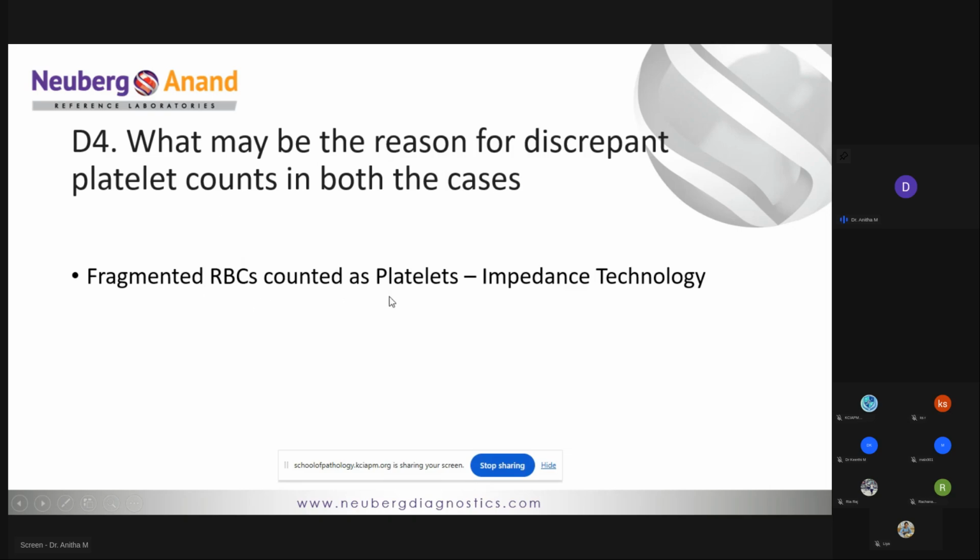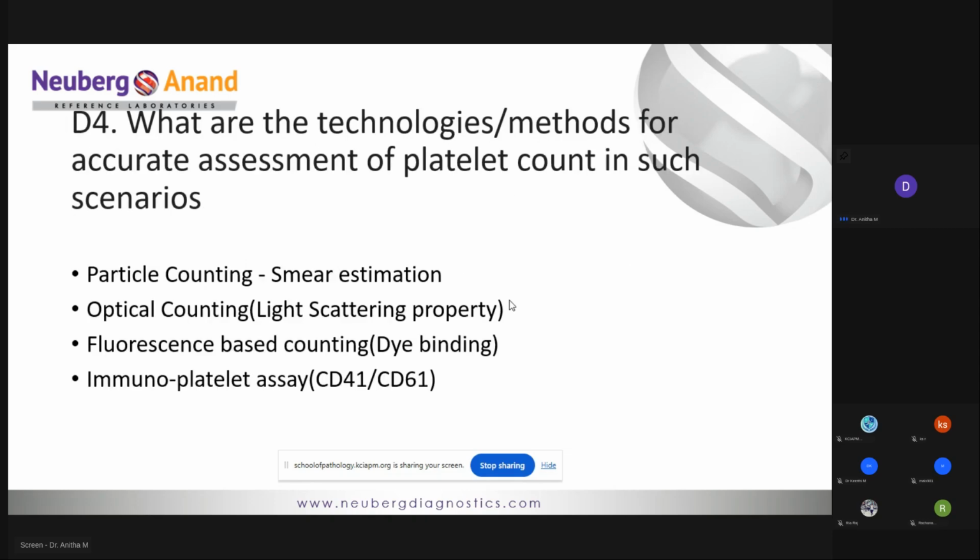It was fragmented RBCs counted as platelets because the technology which was used was impedance technology, which takes into account only the size of a particular cell. And then we had requested about what other methods you would actually use. Most of them again had got it right, but these were the things which we would want.